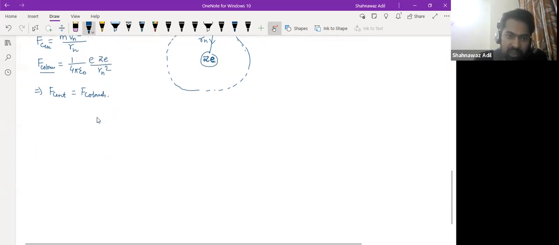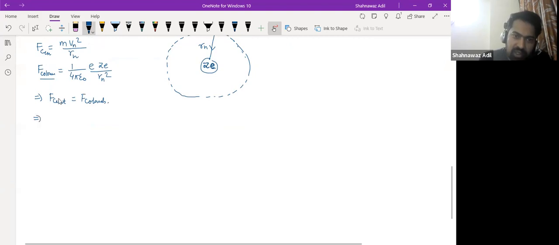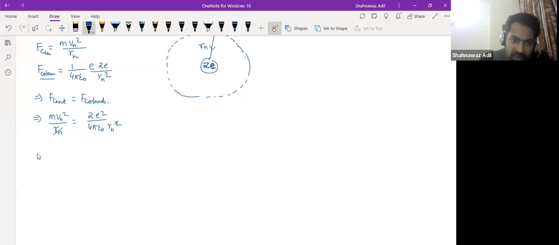If we equate them, m vn square by rn equals Z e square by 4 pi epsilon naught rn square. One rn cancels out, so we will have rn equal to Z e square divided by 4 pi epsilon naught m vn square.